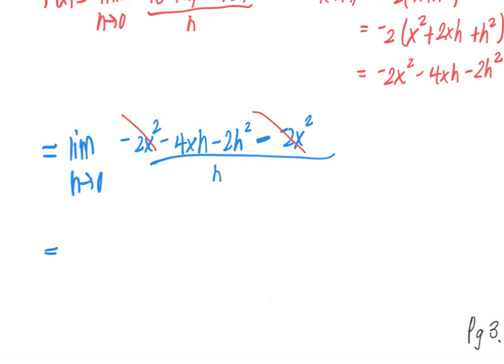So our x squareds cancel. We'll factor out an h.